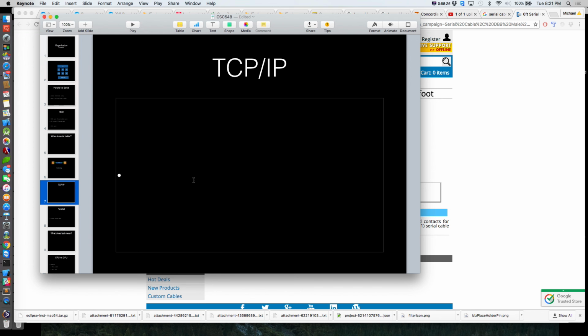So TCP/IP deals with data being transported over a medium in such a way that we validate the successful transfer of the data and resend if necessary. All right, so it allows for errors and recovers from them. That's the point of TCP/IP.